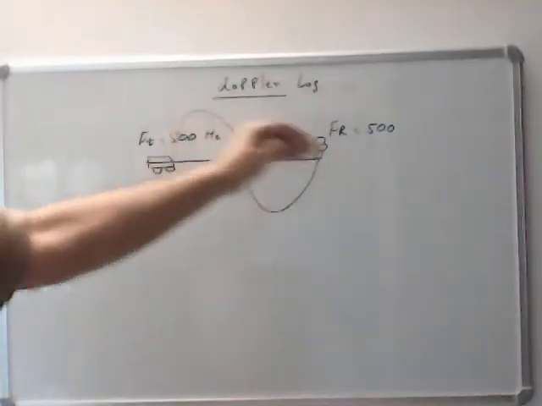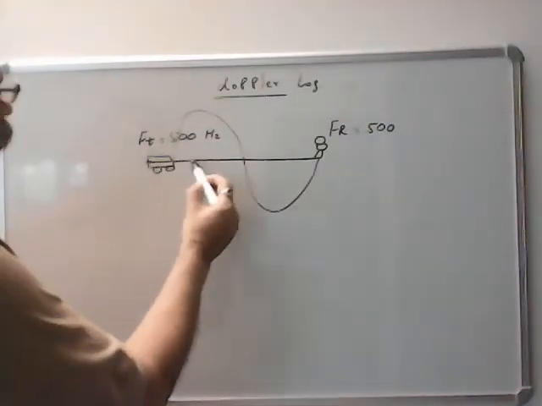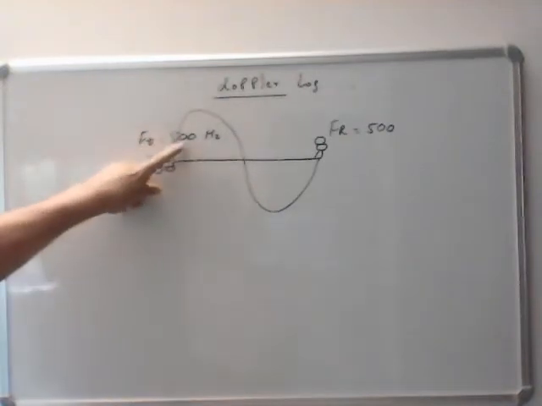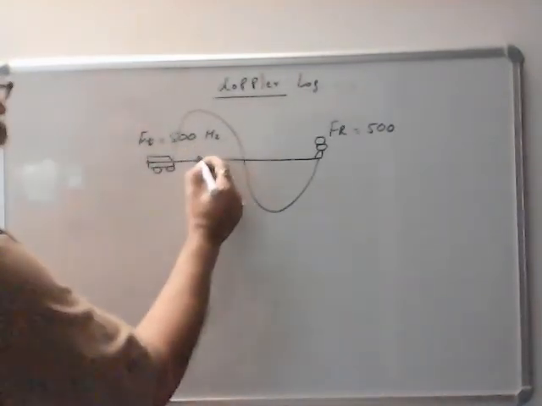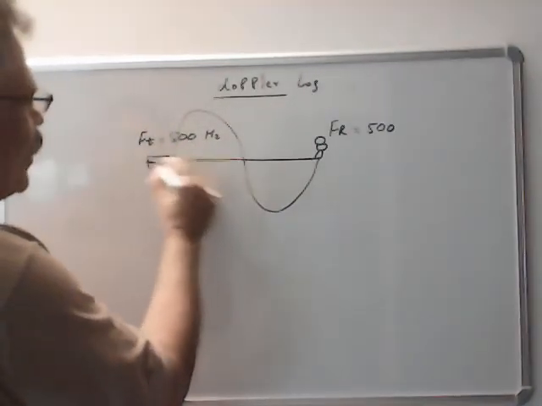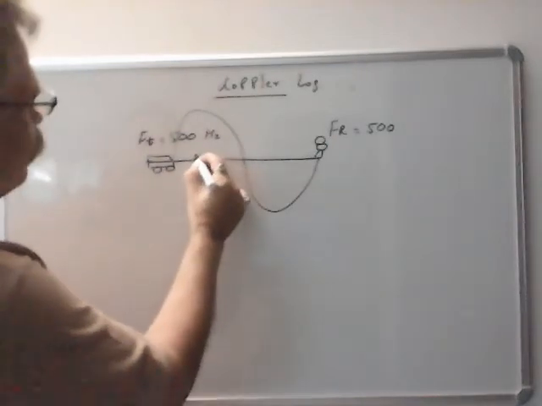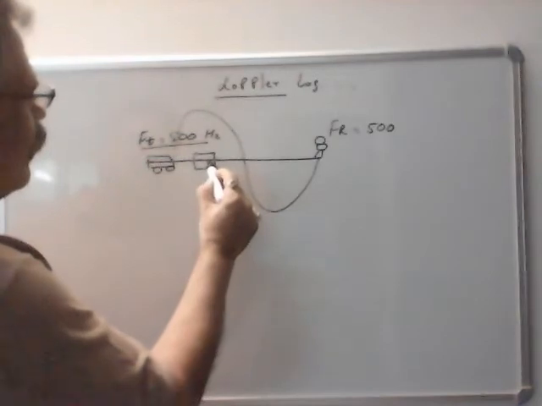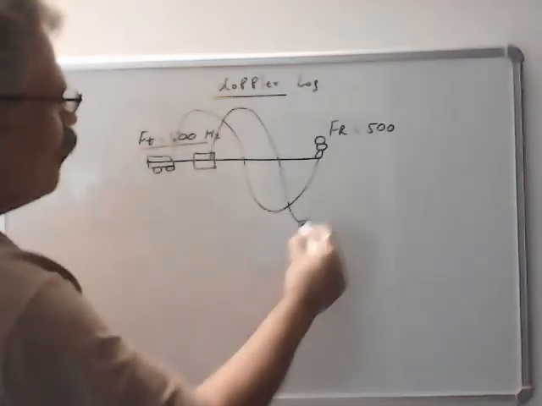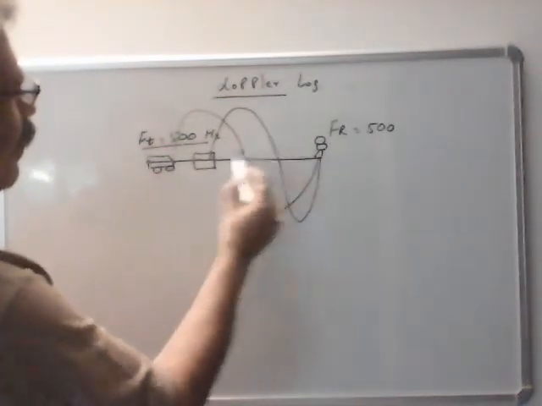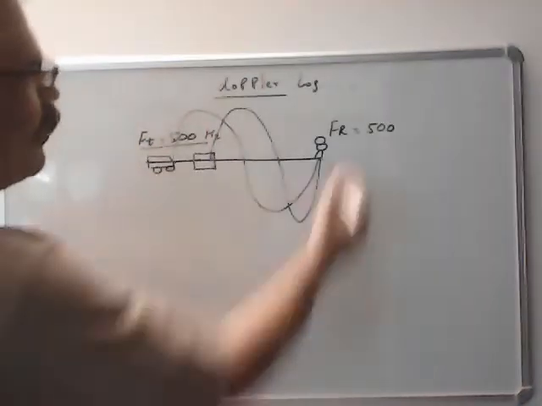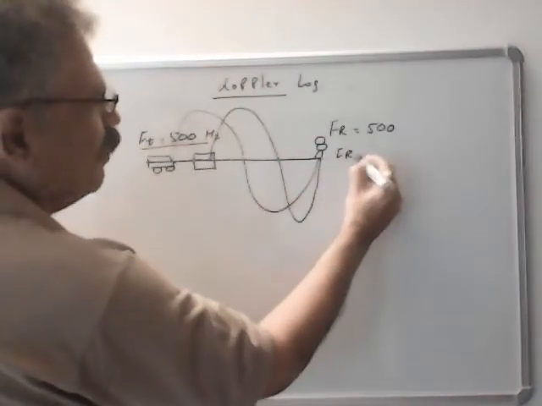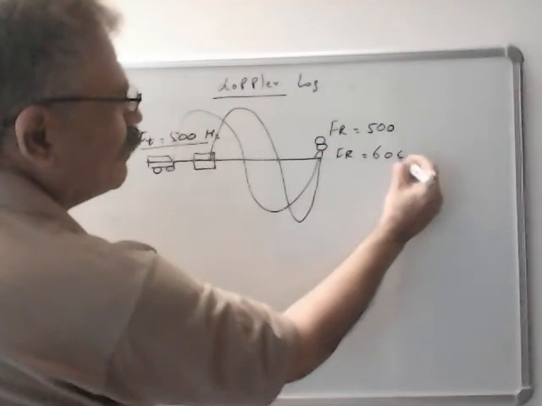But if the train is moving at a certain speed and it transmits at the same frequency always, and the train comes here as it is moving at a certain speed and transmits 500, but the wavelength becomes smaller. Initially this was the wavelength, now the wavelength has become smaller. So the frequency received in this case will be more than 500, let's say 600.